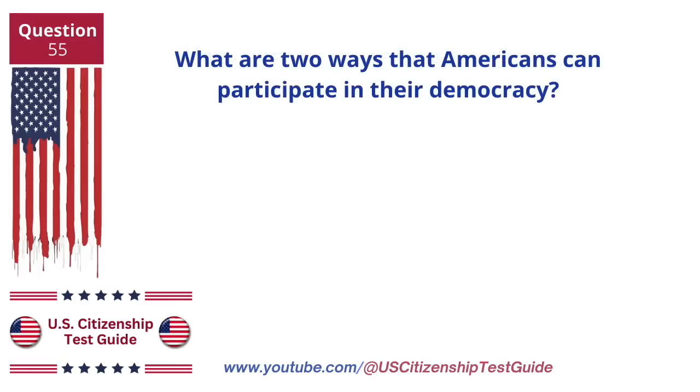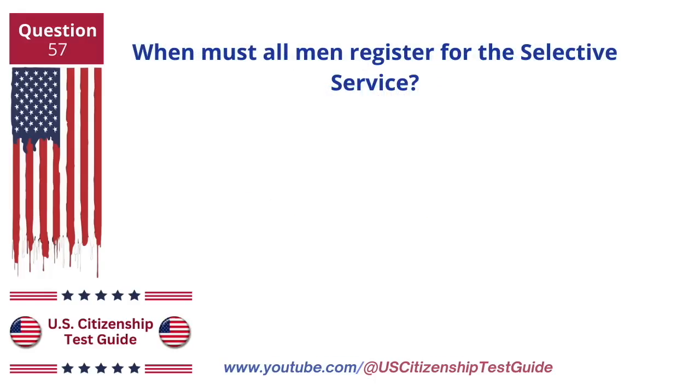What are 2 ways that Americans can participate in their democracy? Vote. Join a political party. When must all men register for the Selective Service? At age 18.